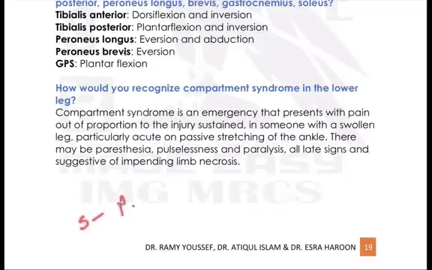There will be pain out of proportion, and so much pain on active or passive stretching of the ankle. There will be paresthesia, paralysis, and pulselessness. Pulselessness is a very late sign, and it suggests impending limb necrosis. Is it clear? Yes, sir. Okay.